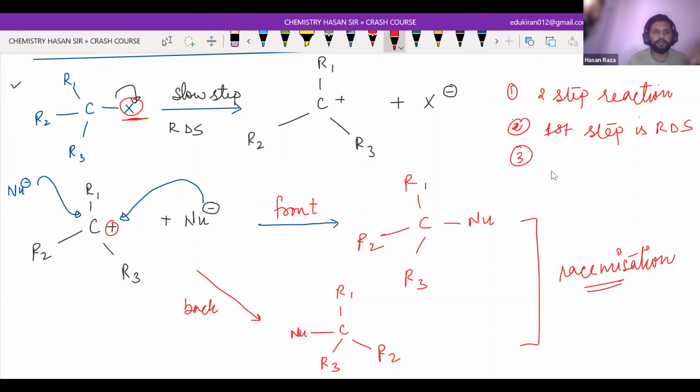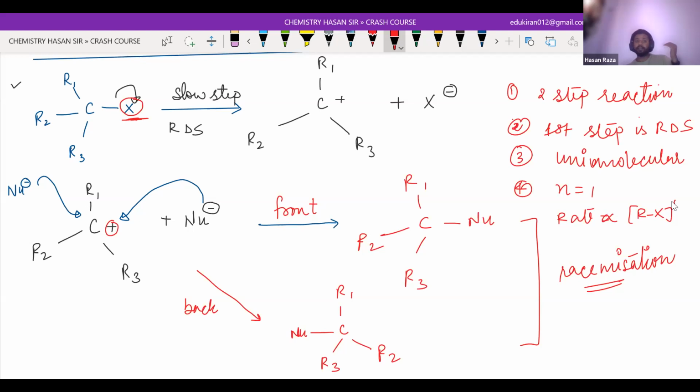Since in the first step only one molecule is involved, that's why it is unimolecular. And also the order of reaction is 1, as rate is directly proportional to RH, and it has a power 1. Only in the RDS, only one reactant is there and it has a power 1. That's why SN1 is first order. Is that clear?